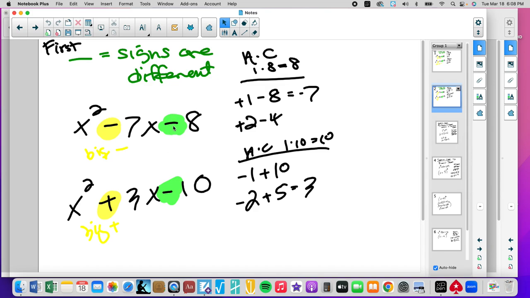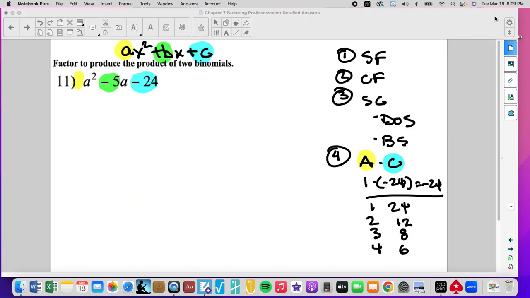When the signs are different, I go to the sign of B, and if it's negative, I know the bigger of the 2 factors is going to be negative, and the other one has to be positive. In this case, I knew my signs were different, and then I went over here, and the bigger was positive. So the bigger of the two factors gets that sign, and since the signs are different, the other one has to get the opposite. So that's how we're going to use those signs.